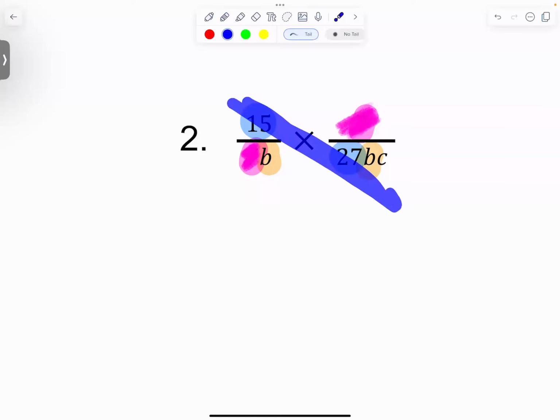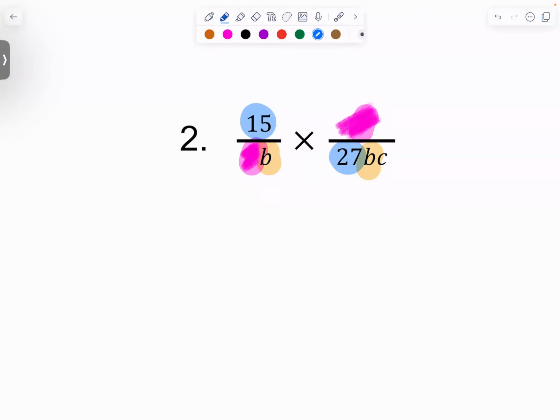They look so familiar, the numbers. 15 and 27, they can be divided by 3. So they can be simplified by 3. So 15 divided by 3, what do you get? 5. 27 divided by 3, what do you get? 9. Yep, so that's it.